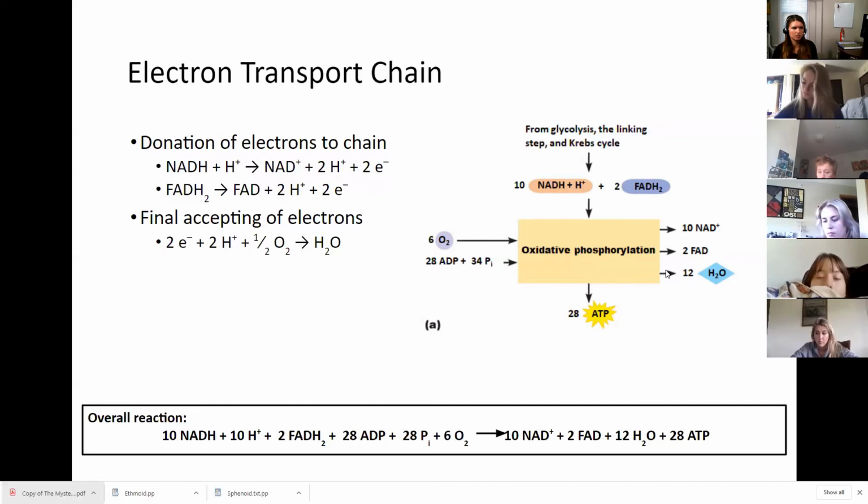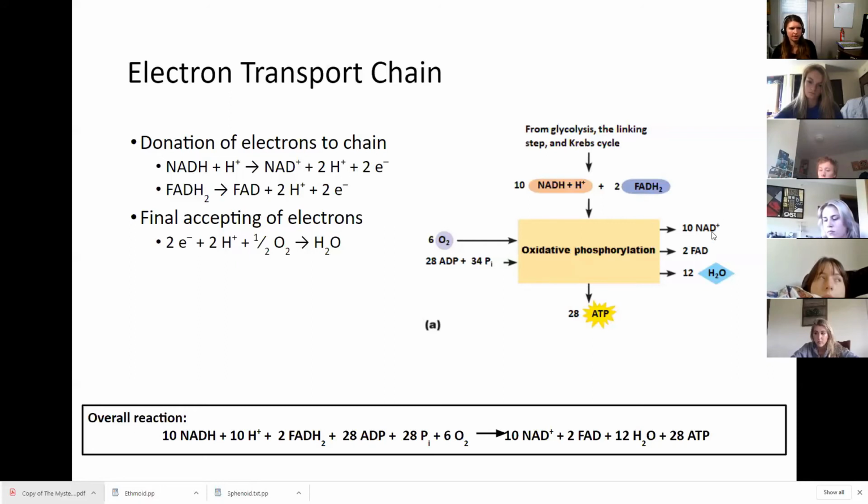And at the end, we're going to produce water coming from that oxygen, as well as producing our electron carriers again, no longer in their reduced form. We can see they're in their original form, the NAD and the FAD. So they're going to cycle back to the beginning of this process so we can reuse them.